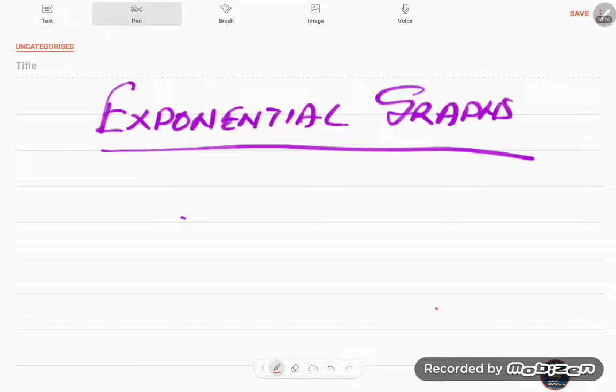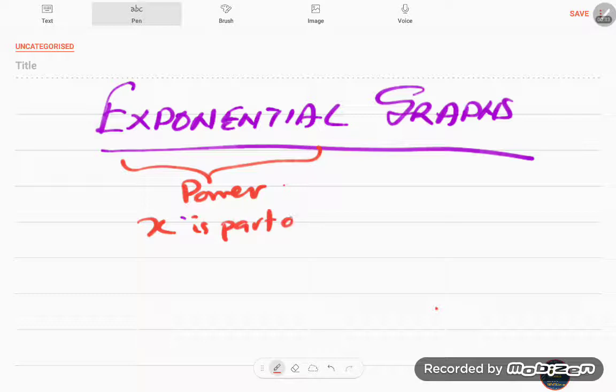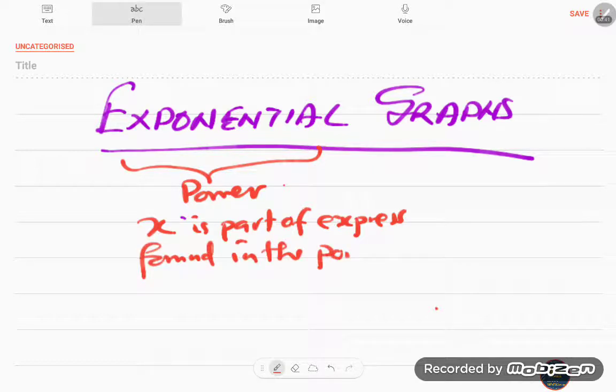Okay, so exponential graphs. Notice how the word exponential in itself usually refers to a power, and this is so because our x is part of the expression found in the power.